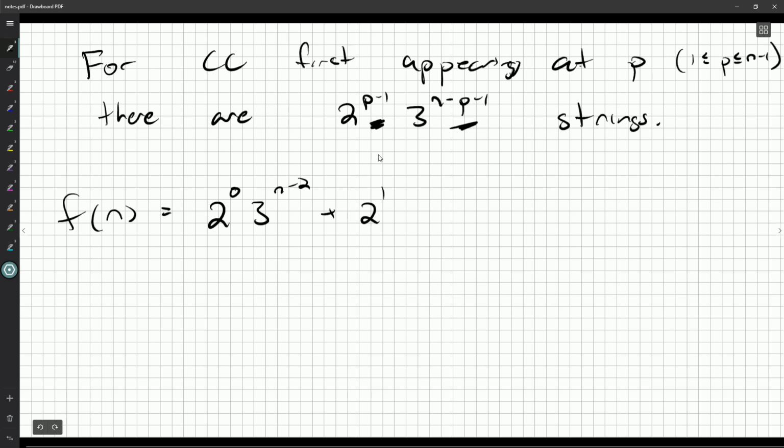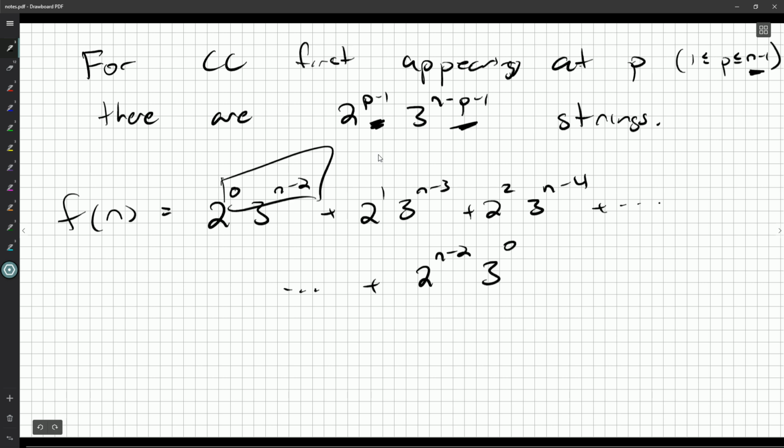This one will decrease by 1 each time. So 3 to the n minus 3, 2 to the 2, 3 to the n minus 4. How's it going to end? N minus 2 here, and 3 to the... So if P is n minus 1, n minus n minus 1 will just be 1, minus a 1 will be 0. Oh, so the top always adds up to n minus 2. Those two exponents.